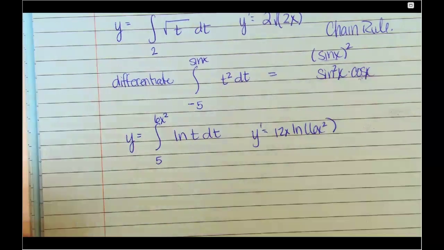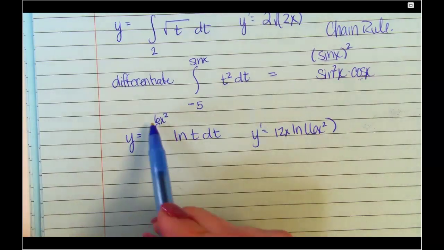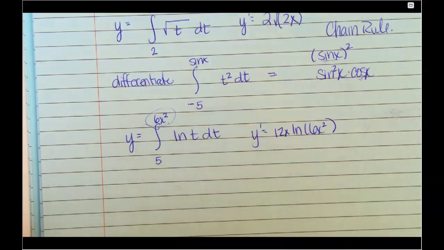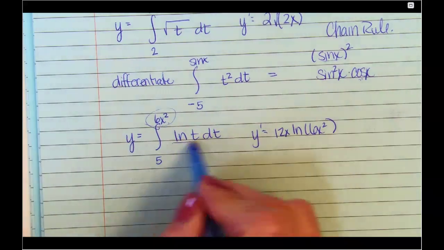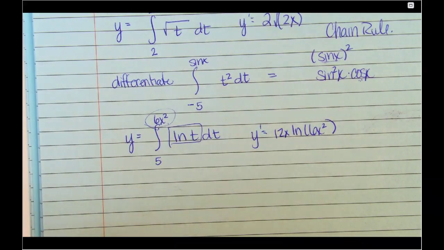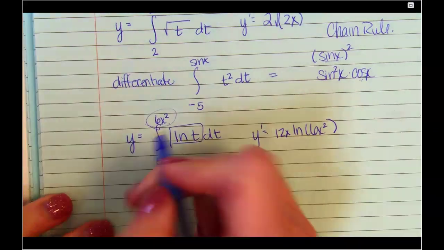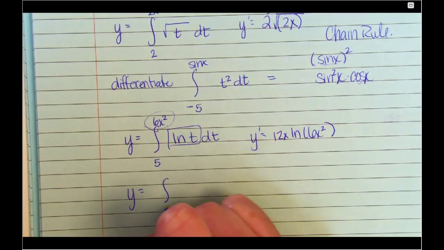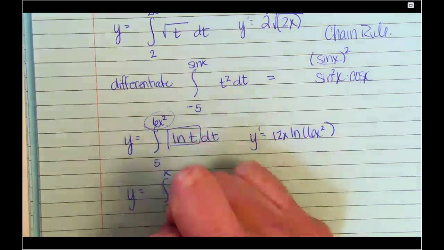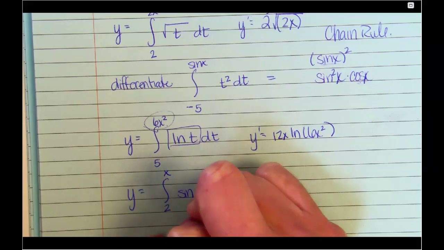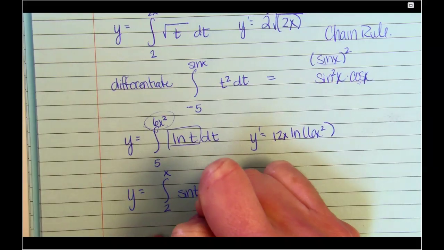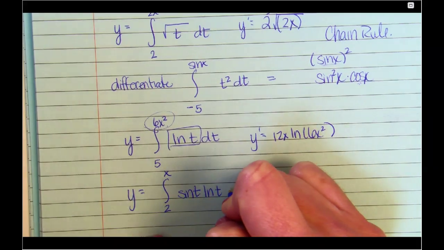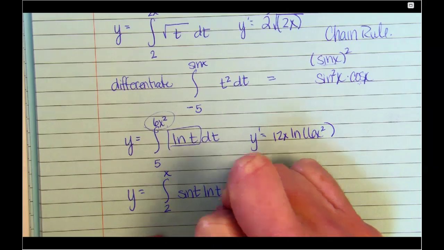It's only chain rule that you're doing, because you're creating an inside function. But you're never doing anything with this guy. So I could give you the ugliest thing. I'm not going to make it terrible, but let's say I give you something like this: 2x, what if it was sine t, natural log t, e to the t dt.